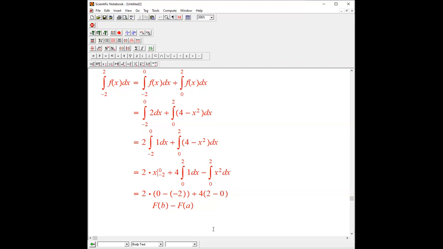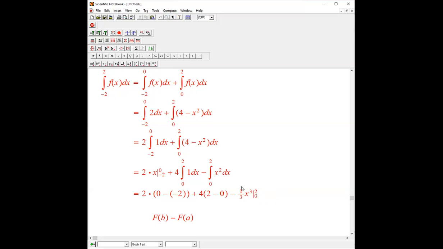You don't even have to write the 0. Subtracting, the antiderivative of x squared is 1/3 of x raised to the power of 3. And that's evaluated with lower limit 0 and upper end 2.